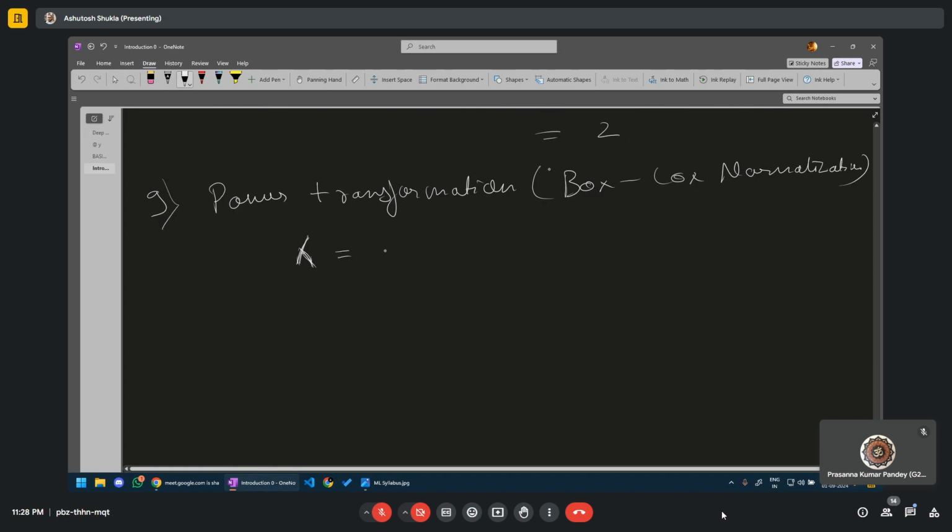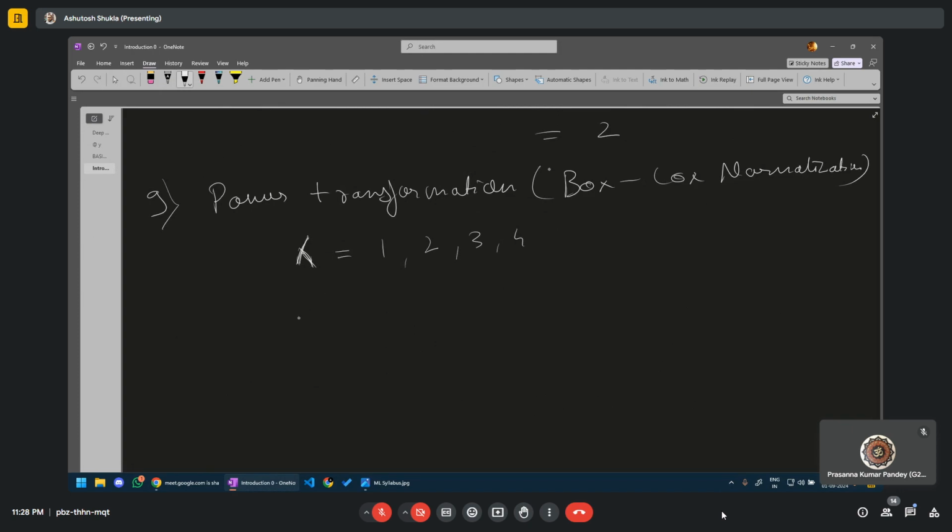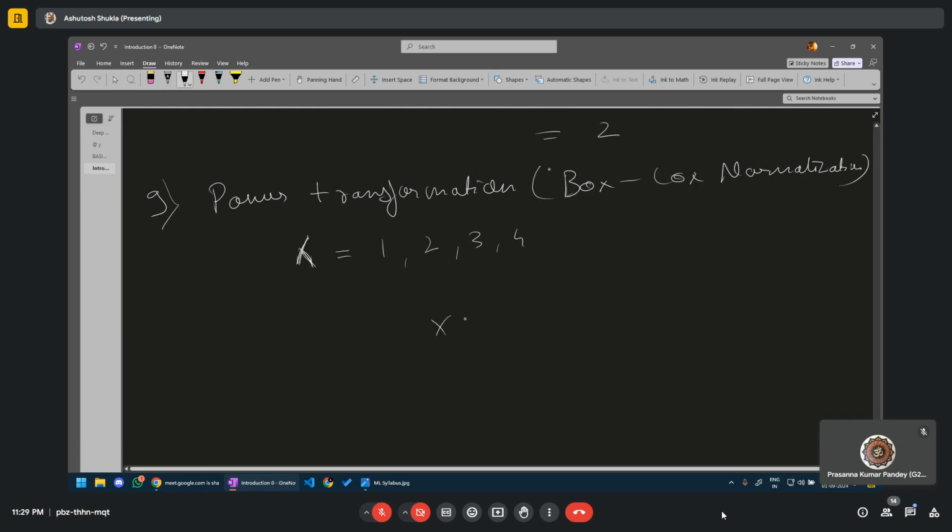It's usually a small value, like 2, 3, 4, rarely above that. It is chosen such that the data becomes more normal. The formula is simple: x to the power lambda minus 1, upon lambda. So for any x you want to normalize, you use this formula.